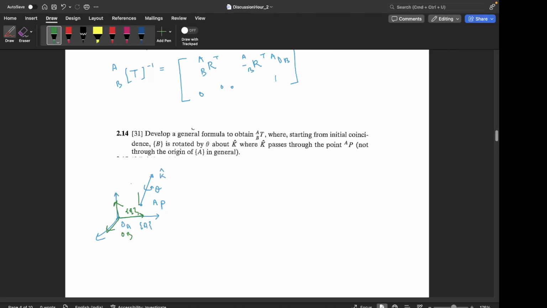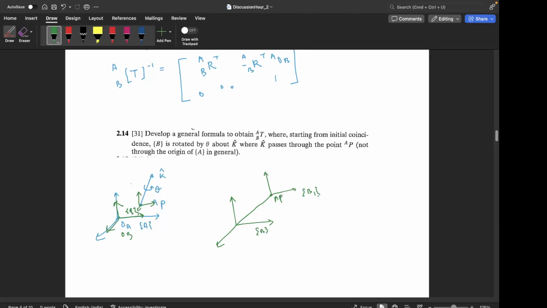So what we will do is draw an intermediate frame here, right? Let's say this is frame B. First we translate this frame to here.